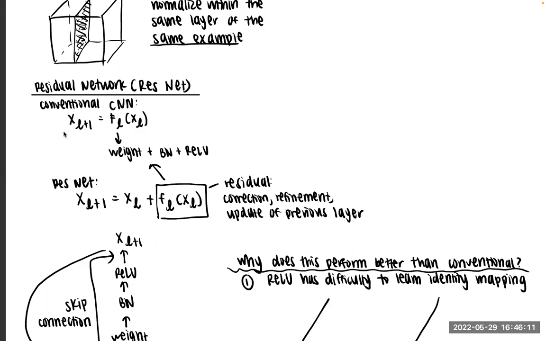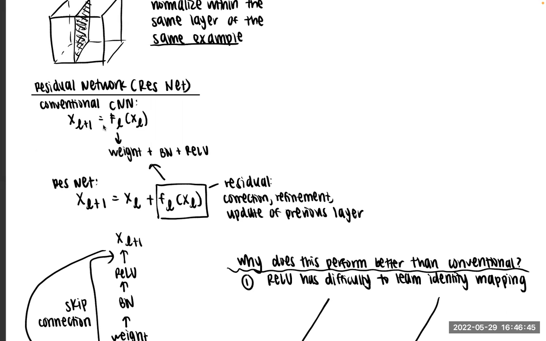Just for simplicity, because we are not really distinguishing between those things, we just use X as a particular layer. And the next layer, XL plus 1, is a transformation of the layer below. This transformation may consist of a weight layer, so you use a spatial composition with those matrices like W, delta I, delta J, and then plus batch normalization and plus ReLU activation.